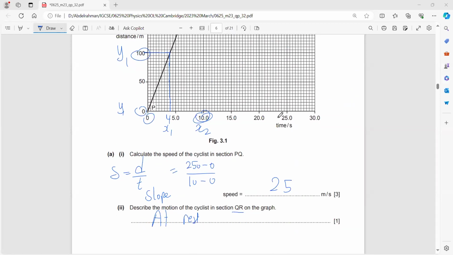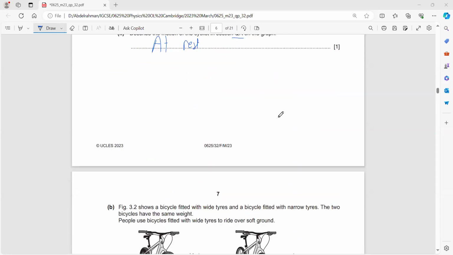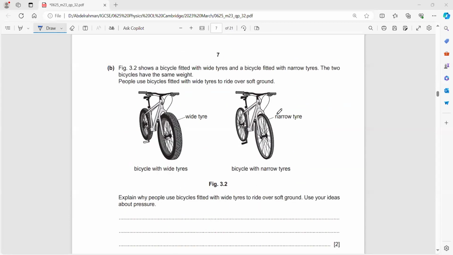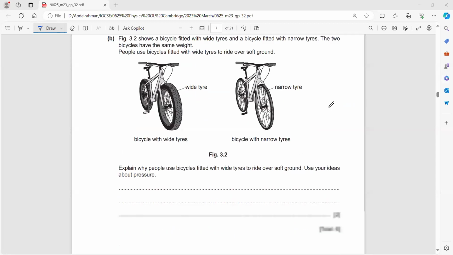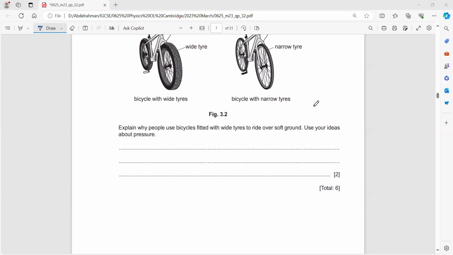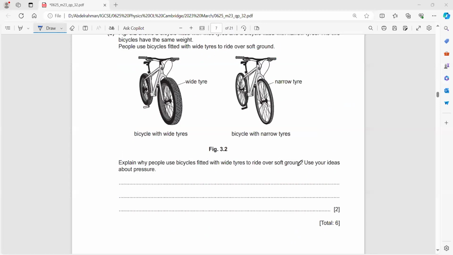Okay, moving on to the next question. Explain why people use bicycles fitted with wide tires. Large surface area, lower pressure, and the weight will be distributed over the whole body.